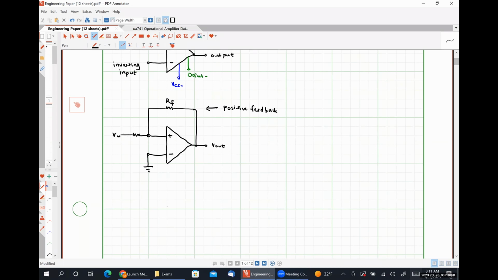In contrast, down here, I'm going to draw a negative feedback op-amp circuit. It's going to look practically identical, except that the feedback resistance is going to be placed between the inverting input terminal and the output terminal.